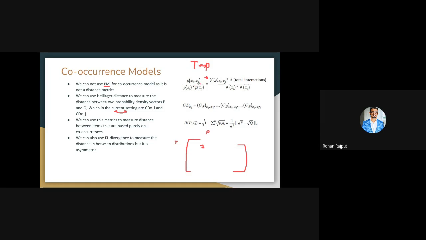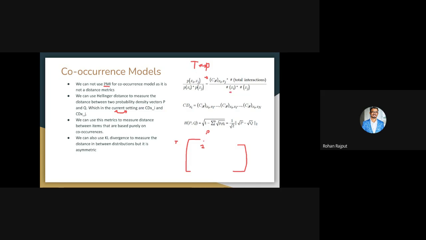It can be calculated using P of xi and xj coming together, divided by the multiplication of the marginal probabilities of xi and xj. So it can be written as the co-occurrence matrix entry for xi and xj, divided by the individual xi and xj.